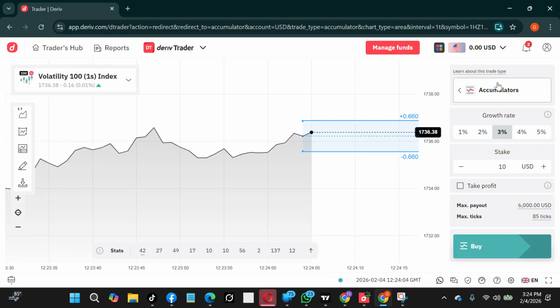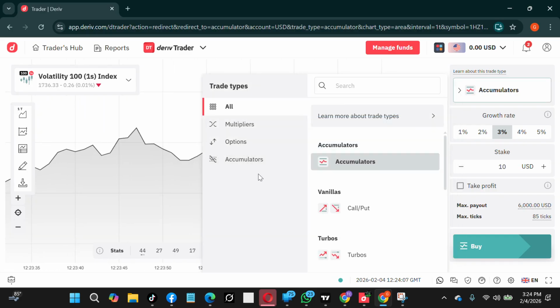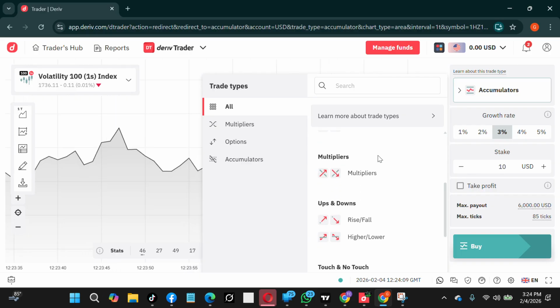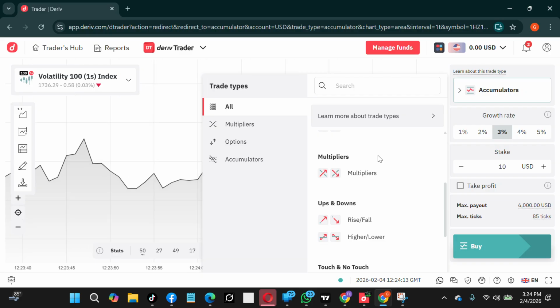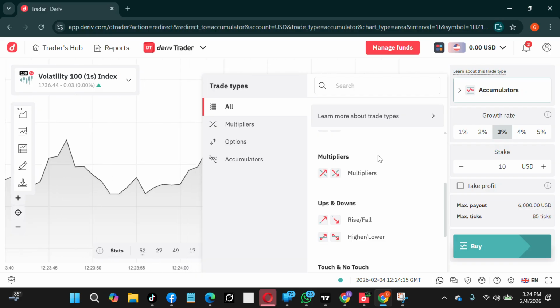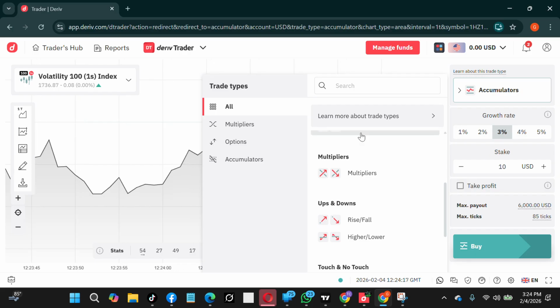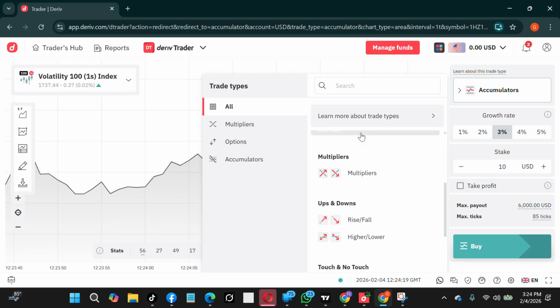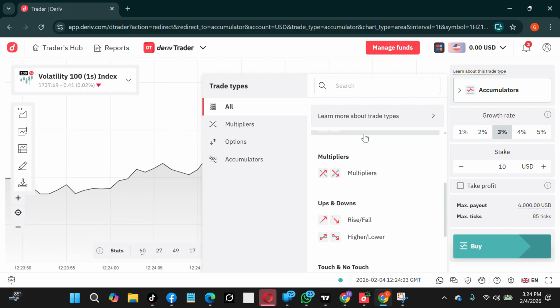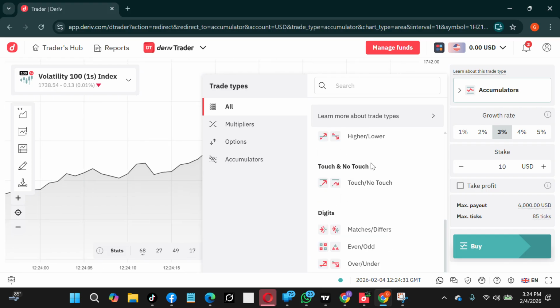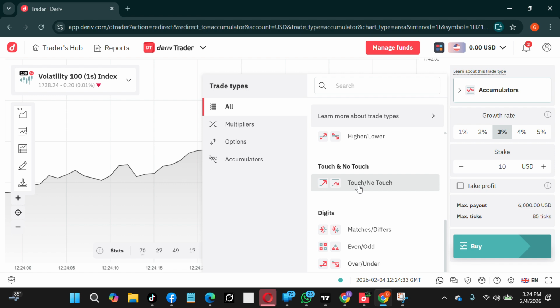We have different trade types in the Deriv, because they can't offer just one trade type. Remember, they must make sure each and every trader is satisfied. So they must offer different trade types, so that you choose the one that will make you feel good in this Deriv. You'll find there are many of them, so you'll just choose one, two, three, or four, or maybe all.